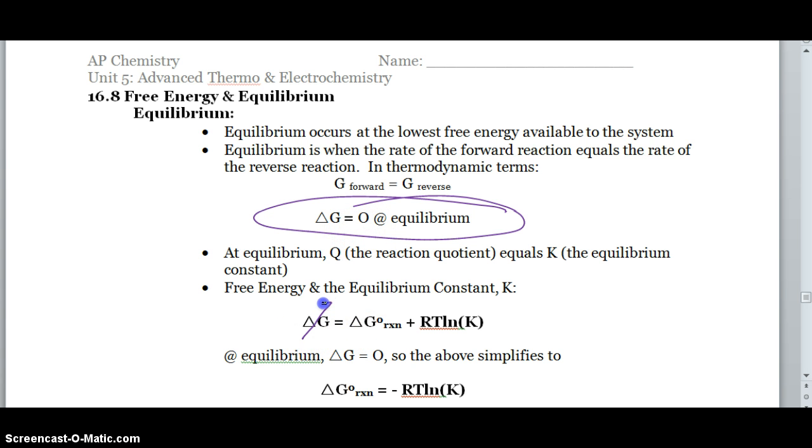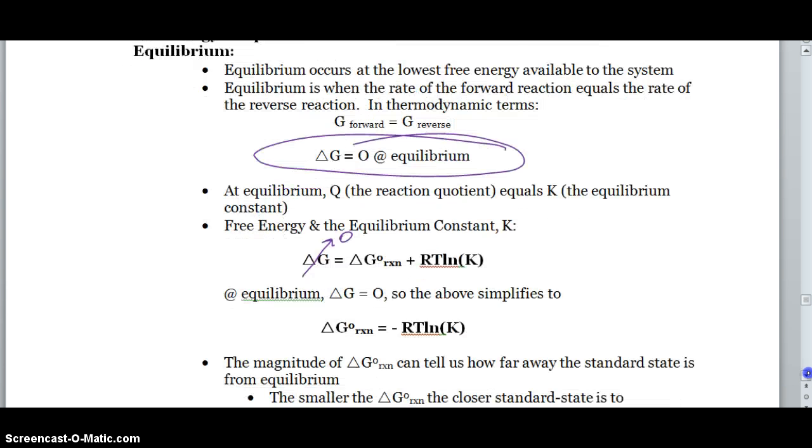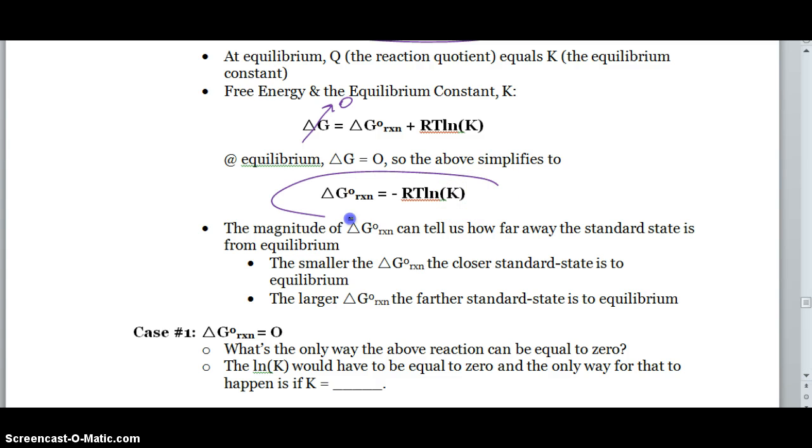So if this goes to 0, you're at equilibrium, and then your Q becomes a K, because if you're at equilibrium, you find it the same way, it's products over reactants, this becomes a K. And so this is usually how you'll see it written, and all they've done here to get from this equation to that equation is to bring this over to the other side, and then put the negative with this side, okay?